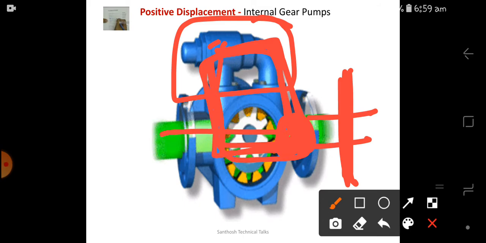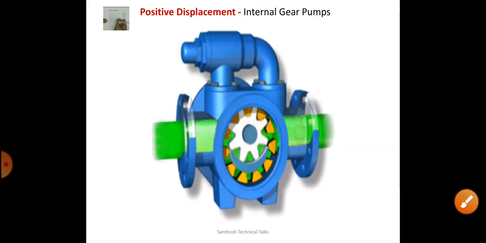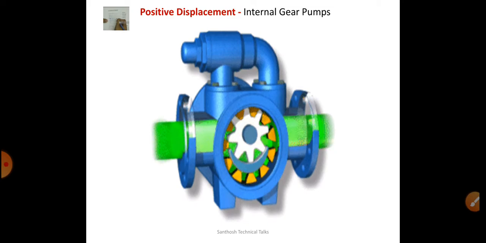Since we cannot stop these gear pumps, gear pumps are generally used in the engine crankcase application in order to supply the lubricating oil to all the parts with some pressure.